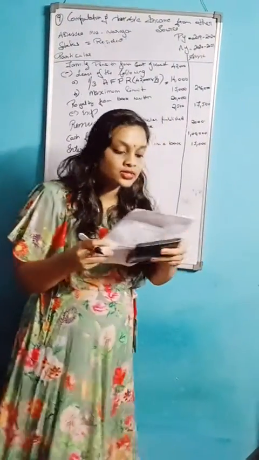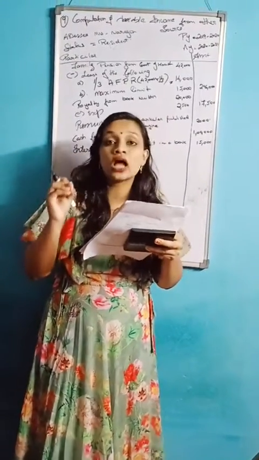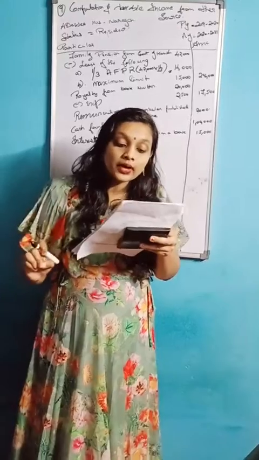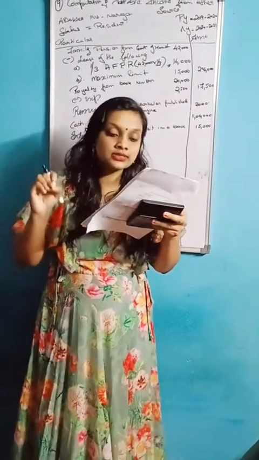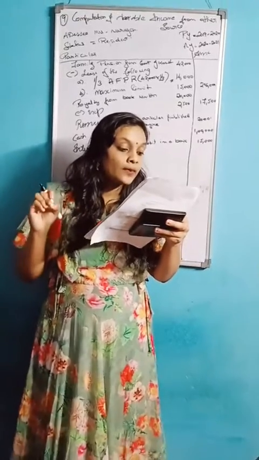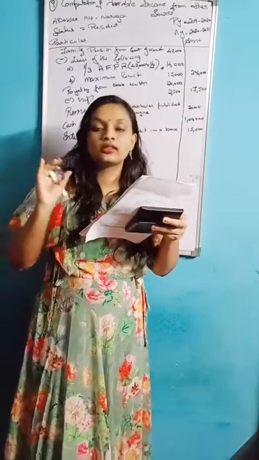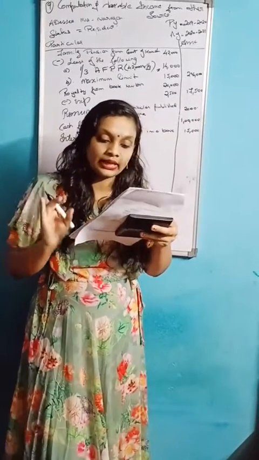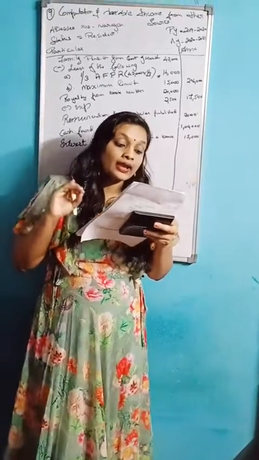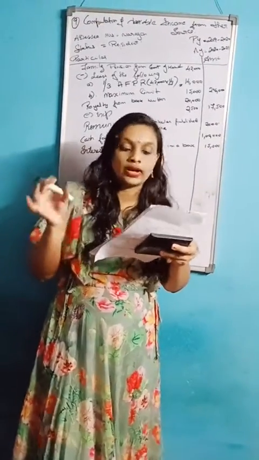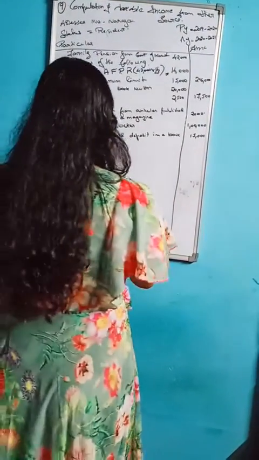Next one is rent from subletting a house rupees 1,500 per month and rent paid to the owner rupees 1,000 per month and repair expenses 200. So they have given the rent from subletting, the rent paid to the owner, that is 1,000, and repairs amount is 200. So we can calculate the subletting portion.